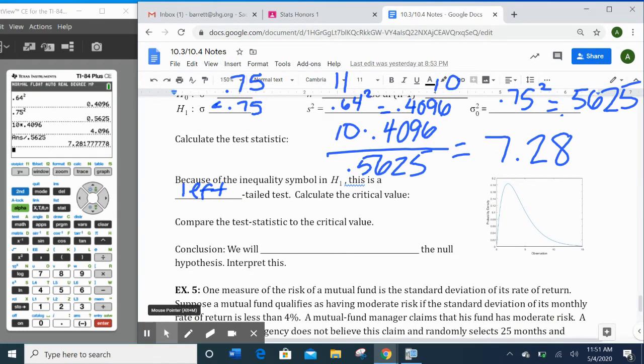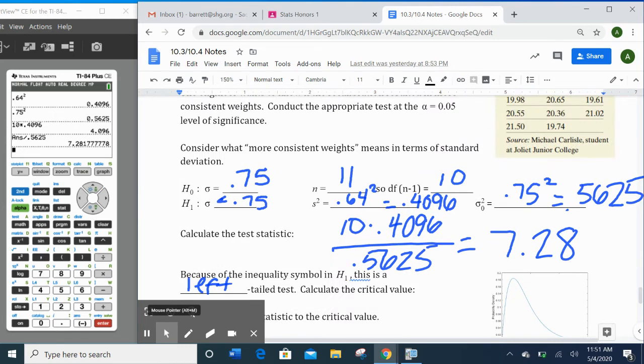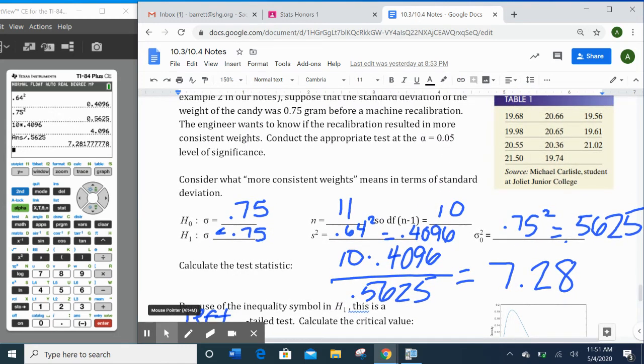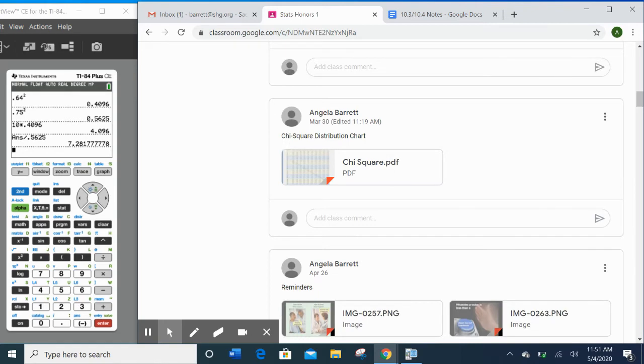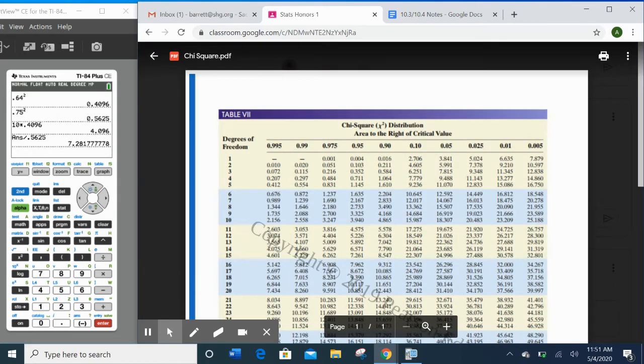So compare the test statistic to the critical value. The critical value uses the degrees of freedom, which in this case is 10, and alpha is 0.05. Keep in mind that this chart is area to the right.